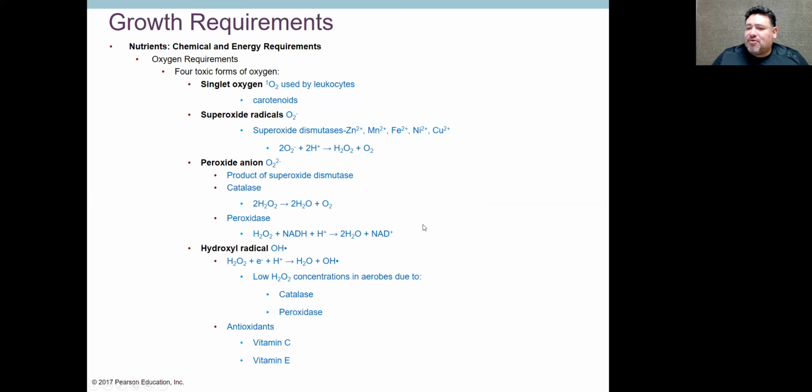So one of the things that's important to bring up is the toxic forms of oxygen that both bacteria and we fight against, okay? So if you look on this slide, you can see that we have the so-called singlet, okay? This is an oxygen molecule, see, O2, but it's a little one on there, which means that there's an electron, not an extra electron, it's just part of the electron of the molecule that is high energy, it's got more kinetic energy than it knows what to do with, and it's unhappy.